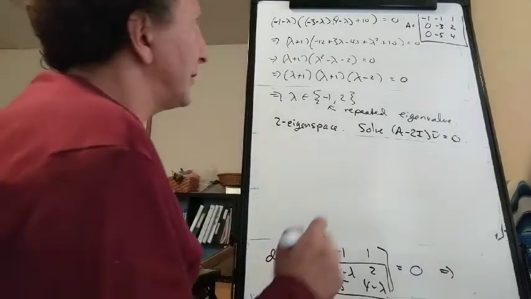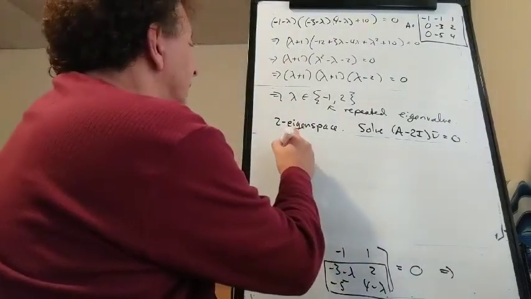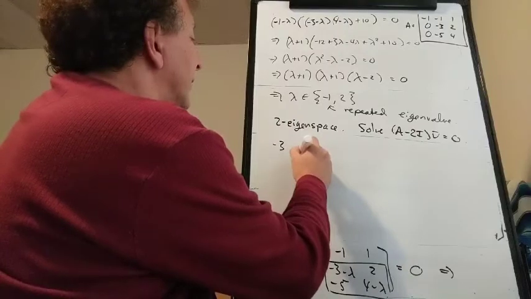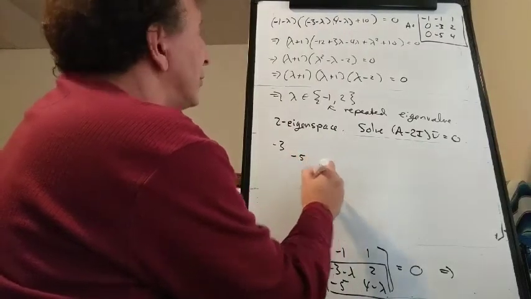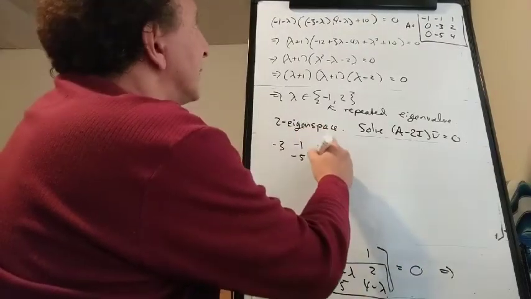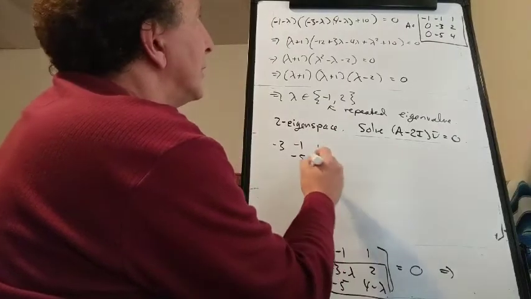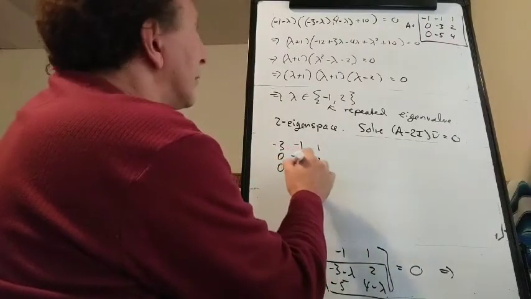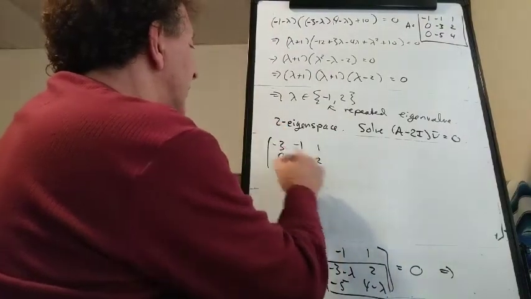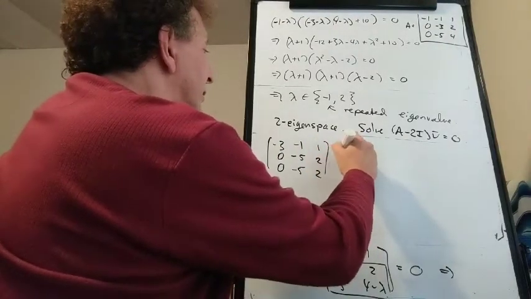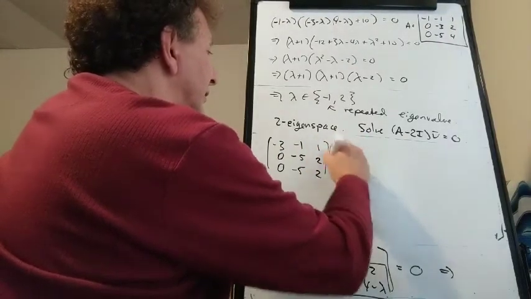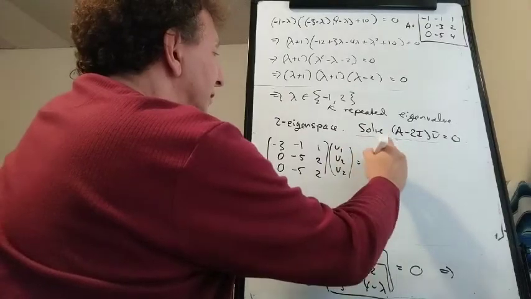Alright, A minus 2I: we'll subtract 2 from the diagonal entries, -3, -5, 2, and then copy the other entries. -1, 1, 2, 0, 0, -5. So that times this unknown vector v1, v2, v3 should be equal to 0.